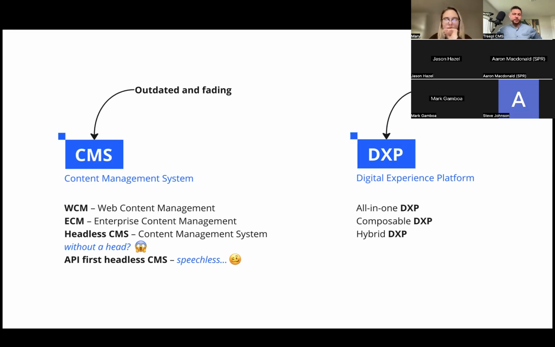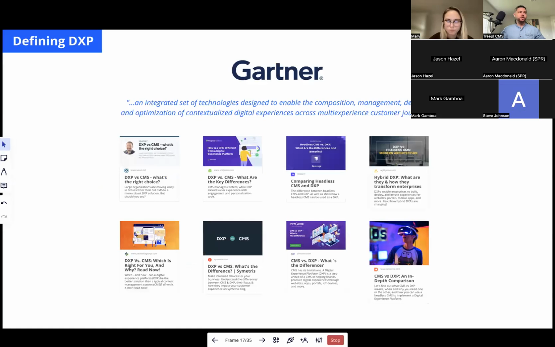I'm gonna try to define DXP a little better. So this term is kind of new. It started to be used like 5, 6 years ago. These are articles, mostly from the DXP CMS websites. I'll put those links in the chat window if you want to dig into this subject a little more and define it better for yourself.